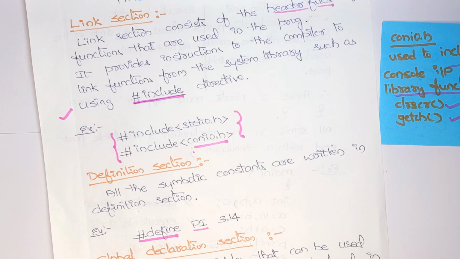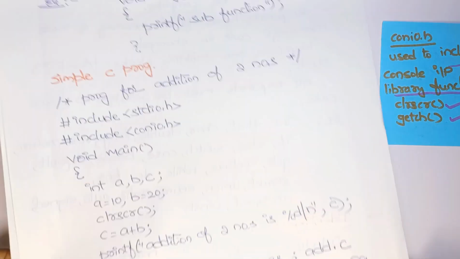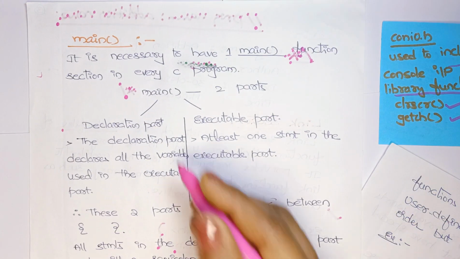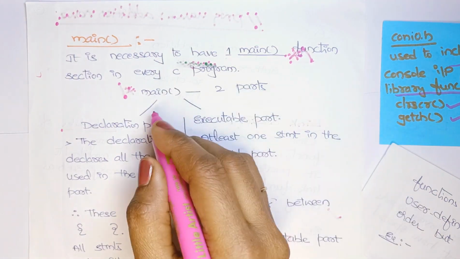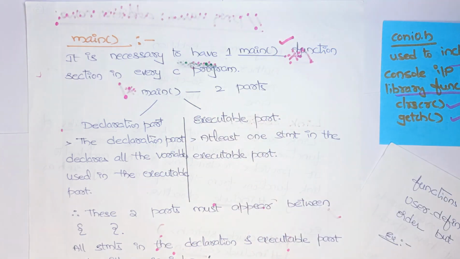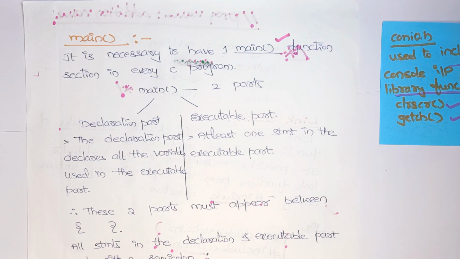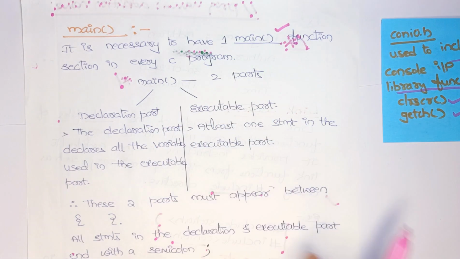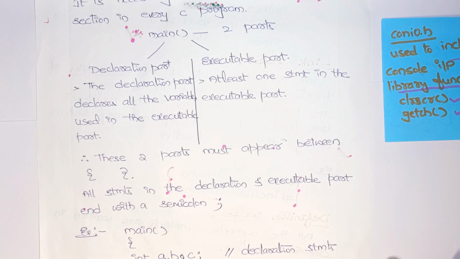Next we have the main function. It is necessary to have one main function. Every C program consists of one main function section. The main function consists of two parts: the declaration part and the executable part.